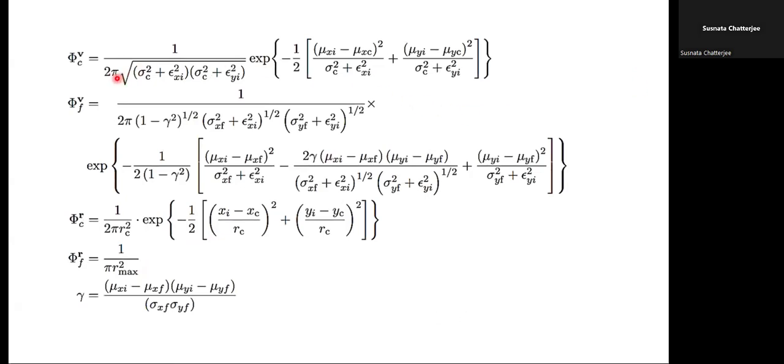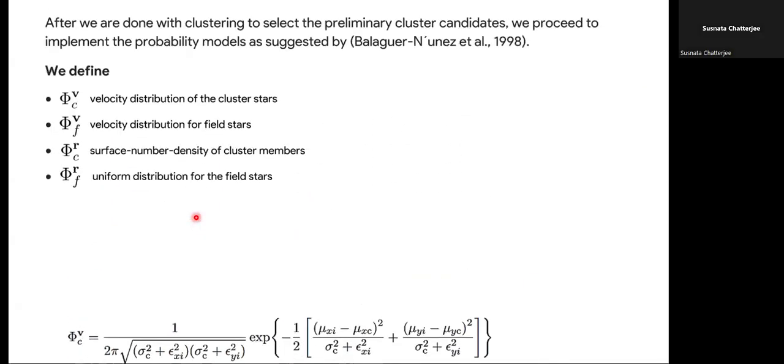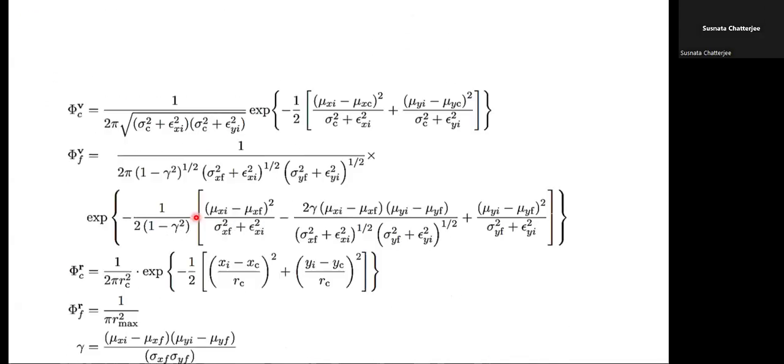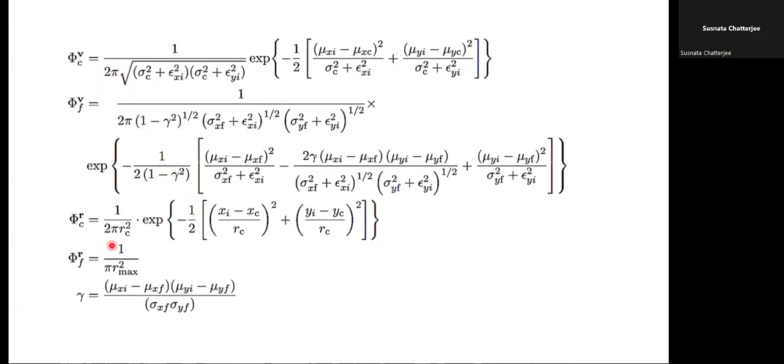So these are the formulations of those quantities that we defined. Note that these are all arrays of numbers. The x and y refer to RA and Dec respectively. Mu xi and mu yi refer to the proper motion components along the x and y axes, which are RA and Dec. Mu xf and mu yf are the field-centered proper motion components.